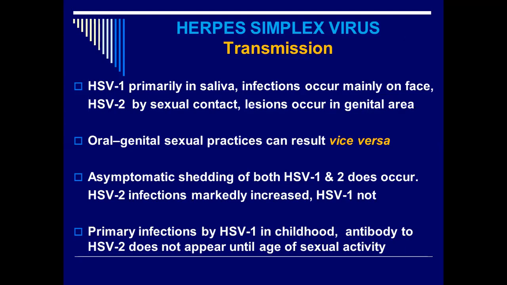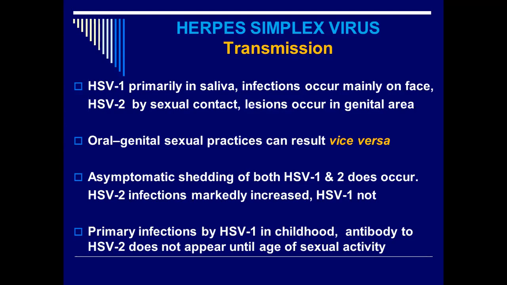So because the disease is spread through sexual contact or direct contact with the face or the lesions, HSV1 is primarily with lesions on the face and contact with saliva, and HSV2 is by sexual contact and contact with lesions on the genital area. Orogenital sexual practices can also result in the vice versa, you see.